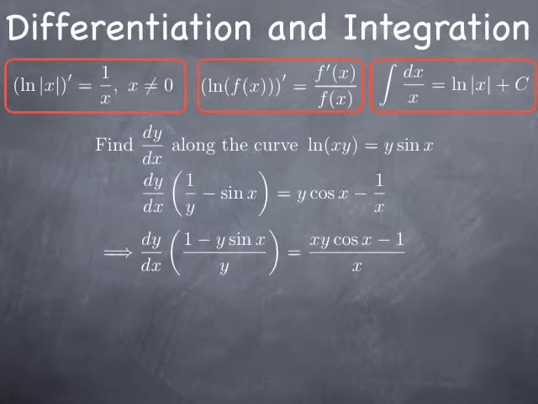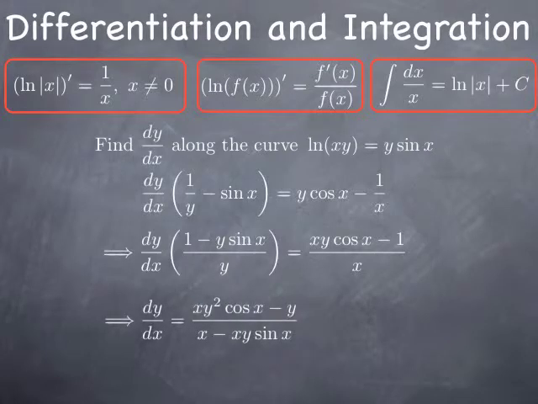So if I write everything with denominator x, I get xy cosine x minus 1, all this divided by x. Now I can multiply both sides by the reciprocal of the term in front of dy dx. In other words, I multiply both sides by y divided by 1 minus y sine x, and this is what we obtain. xy squared cosine x minus y divided by x minus xy sine x.